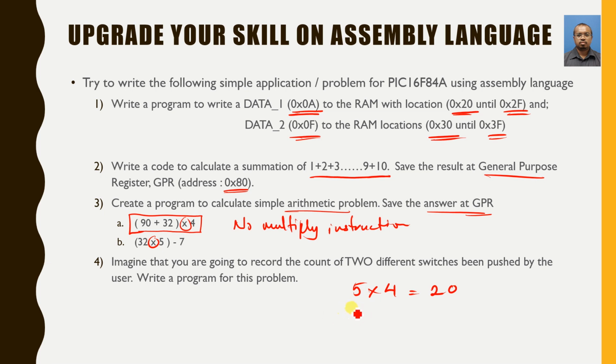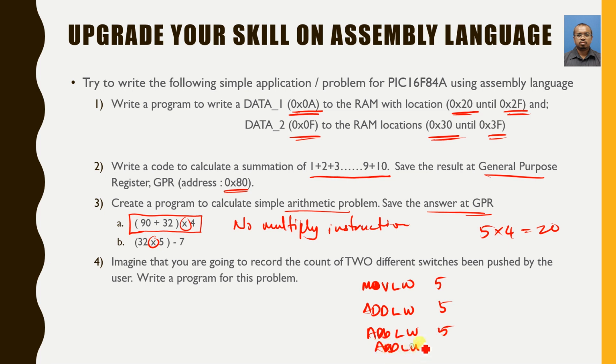It's actually, let me write it somewhere else. I don't have enough space here. So what you do is, first of all, move literal to W, 5, and then add literal 5, then add literal 5, add literal 5.